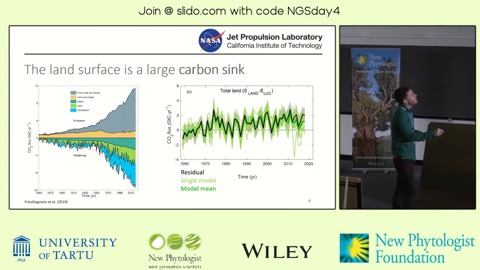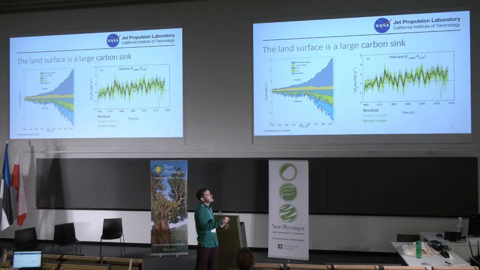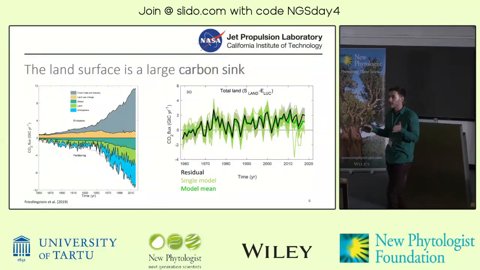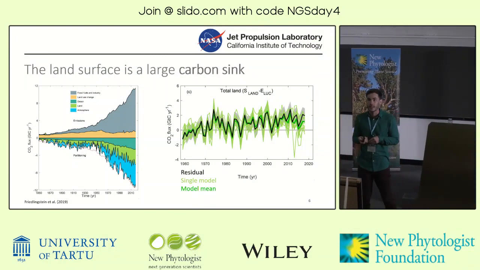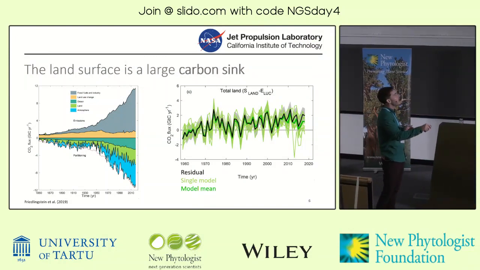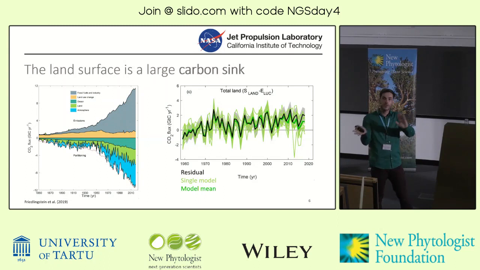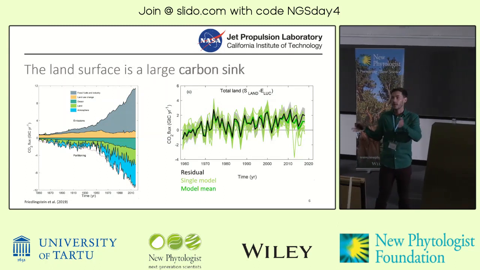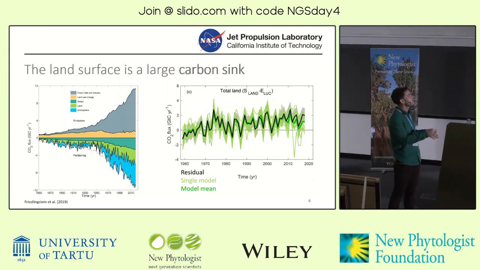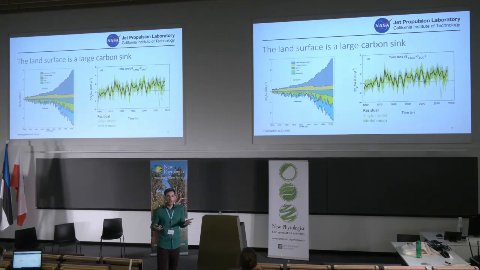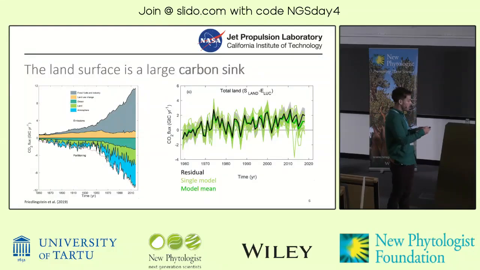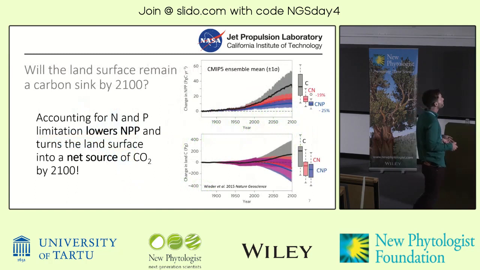And we can see how these individual members disagree substantially on the sign of the land uptake year after year. Although the ensemble member, the dark green line, agrees with the residual budget, or whatever is not going into the oceans or remaining in the atmosphere.